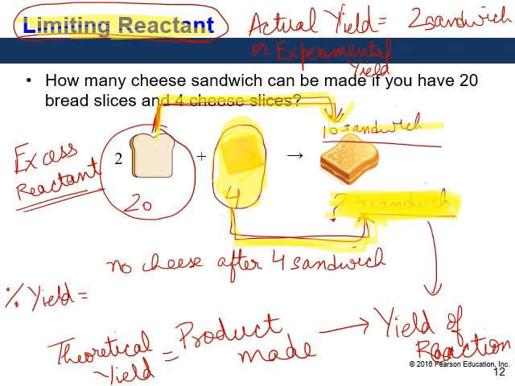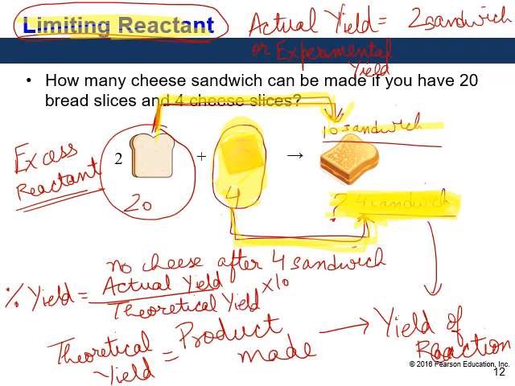Percent yield has a formula which is actual yield over theoretical yield times 100. Okay, so this is the formula for percent yield. Actual yield over theoretical yield times 100. What is actual yield?